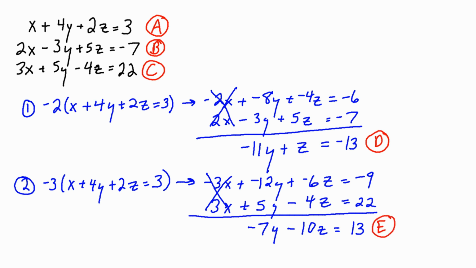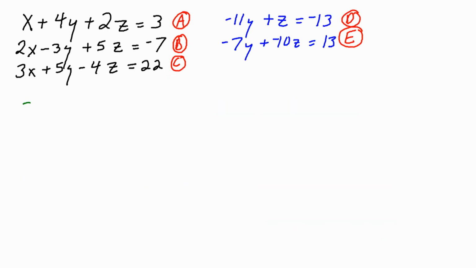Our third step will be to take equations D and E and try to eliminate either y or z. Looking at equations D and E, if I take equation D and multiply it by 10, I would be able to eliminate the z's.